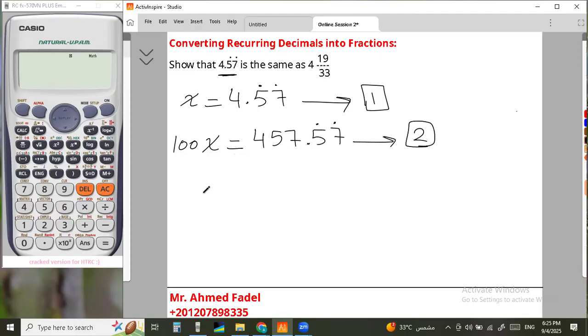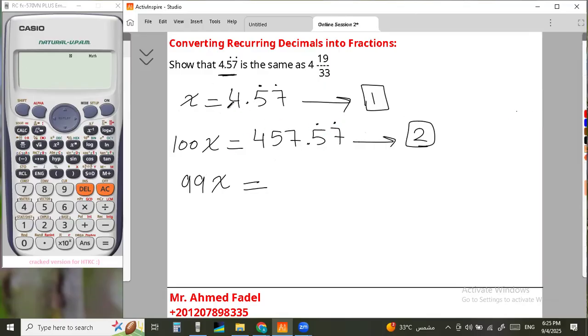What I have to do right now is step 2 minus step 1. What is 100x minus x? It is 99x equals this number minus that number. The first thing that is going to happen is that those recurring decimals will be canceled.